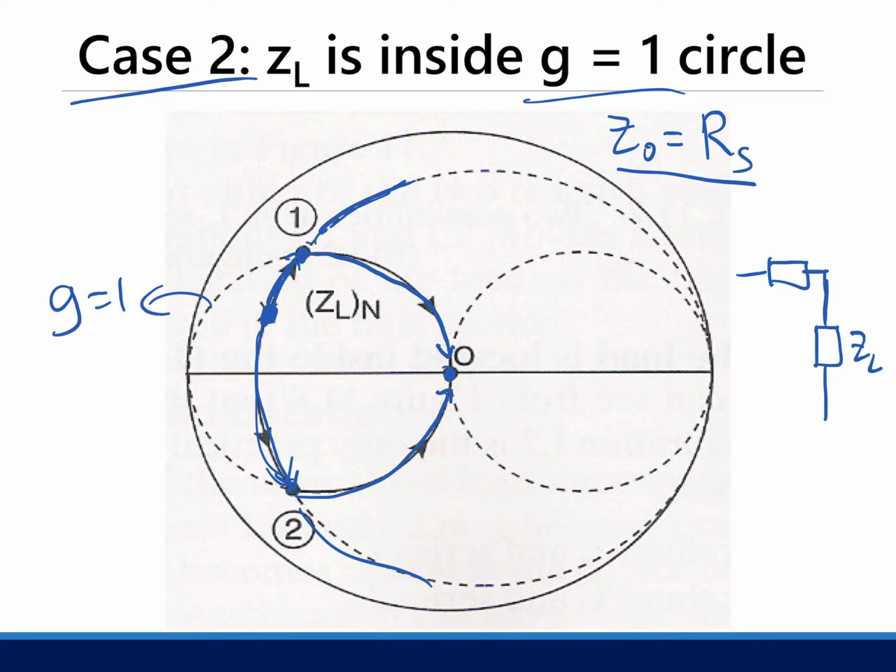And after that, once you hit the G equals 1 circle, you're going to use a parallel. So you're moving in a constant conductance circle. You need to connect a shunt element.